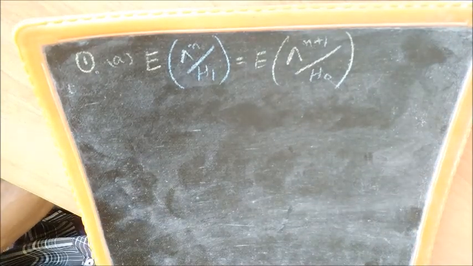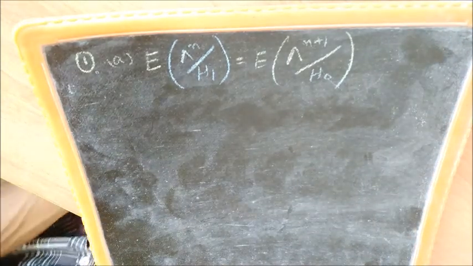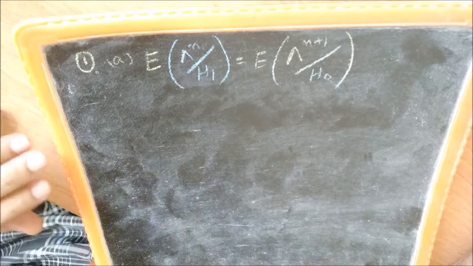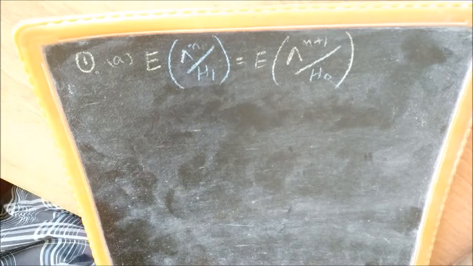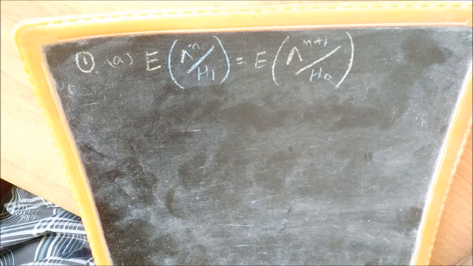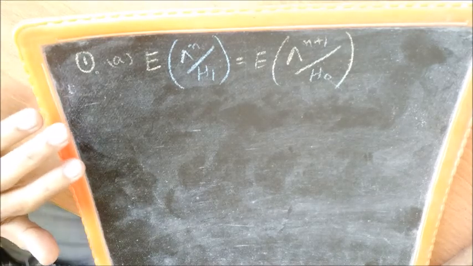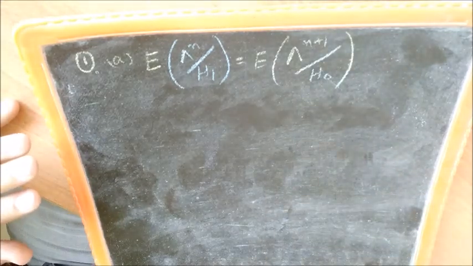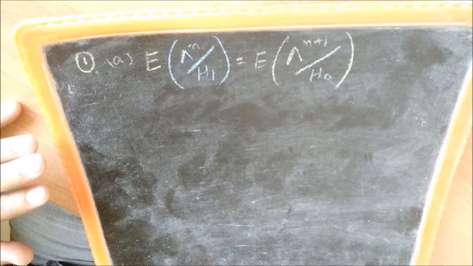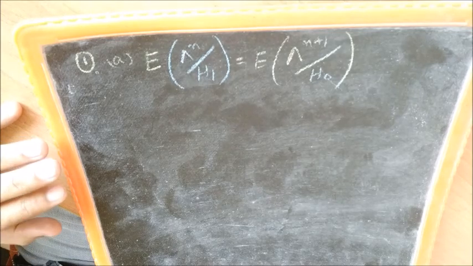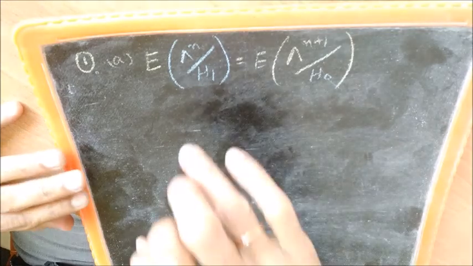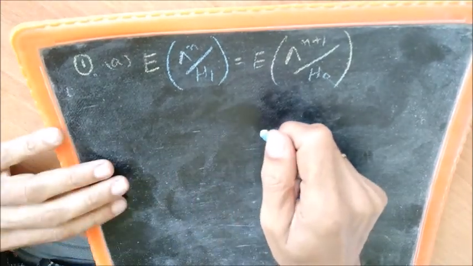In the previous videos I had demonstrated that the likelihood ratio is itself a random variable. It's a function of the received random variable, and hence it becomes a random variable, and it has its own conditional density functions. This was discussed in the earlier videos.